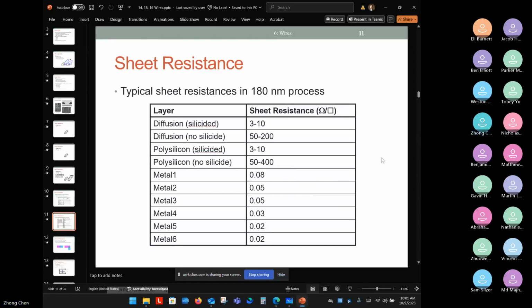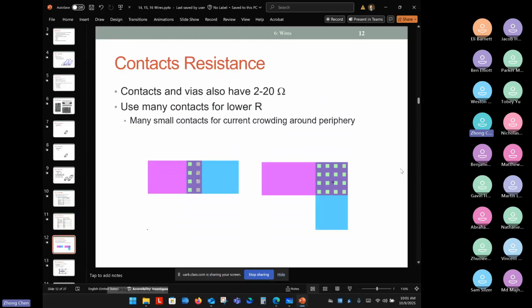Okay, so that's the sheet resistance value, and then contact resistance, which is also very important. Contact resistance means from your contacts, from your metals to the semiconductor and through those vias, there can be some resistance as well.